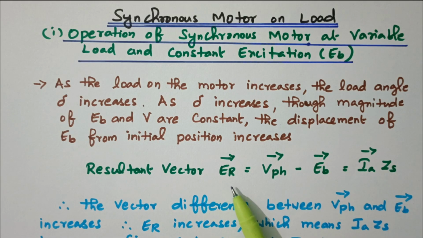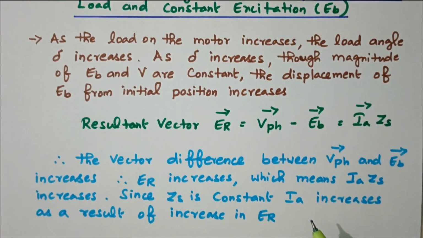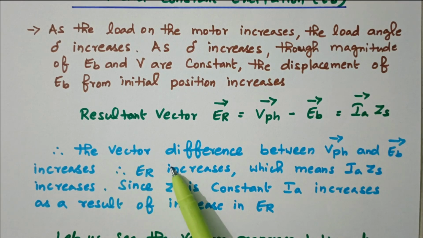The resultant vector ER equals V phase minus Eb, which is equal to Ia Zs. That is the general case we discussed in the previous video also. Therefore the vector difference between V phase and Eb increases. Therefore ER increases, which means that Ia Zs increases. Since Zs is constant, Ia increases as a result of the increase in ER.